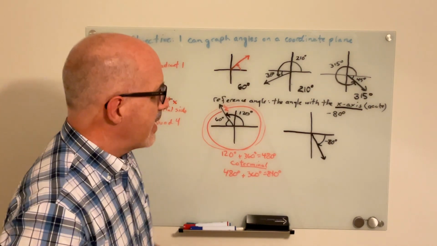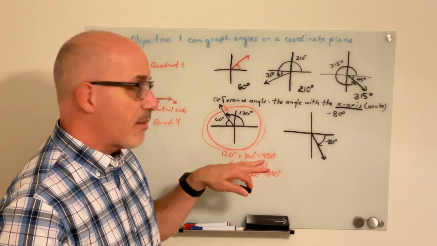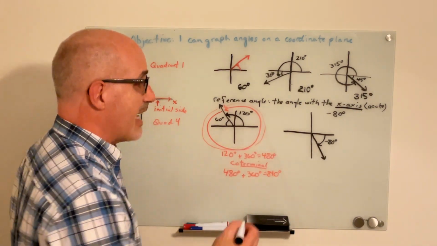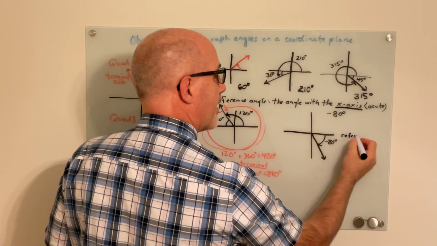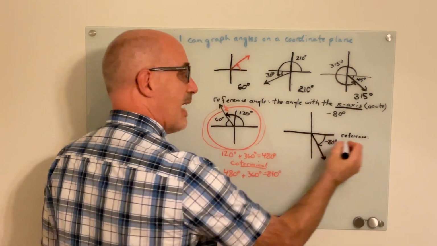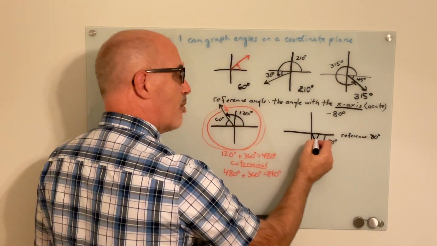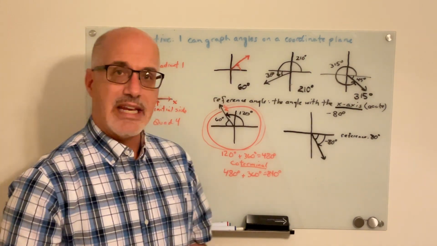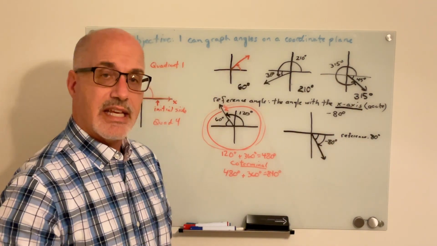Notice that when I go clockwise with it, it takes me in the opposite direction. In this case, the reference angle would also be 80 degrees. You want an acute angle, so it's going to be positive. The angle with the x-axis is 80 degrees, even though I got negative 80 to get it there.